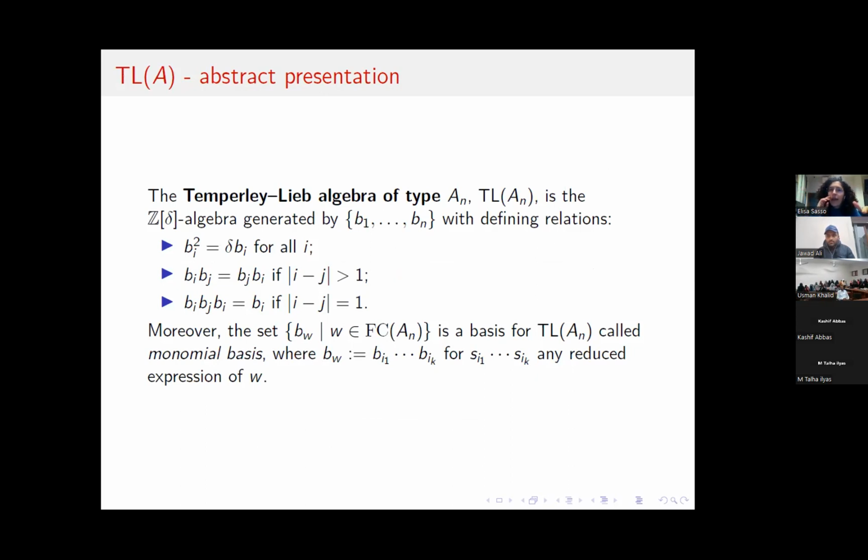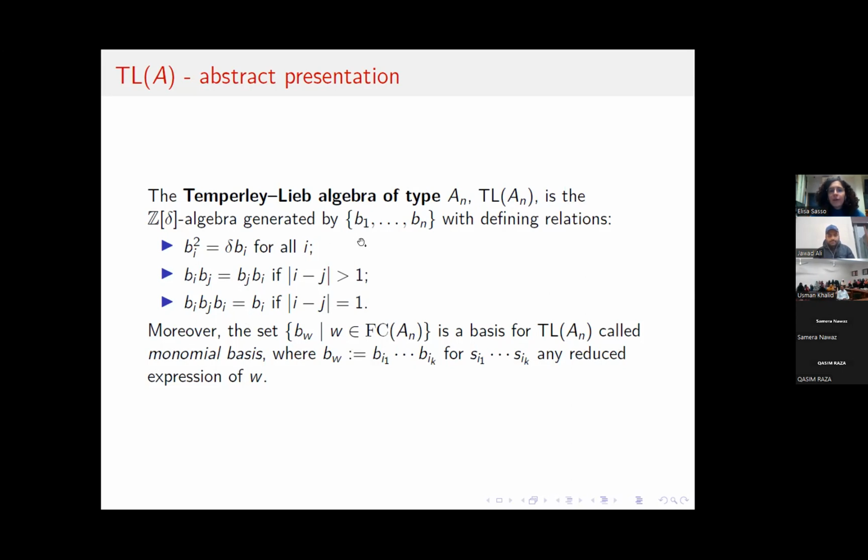And this is the abstract presentation of the temperley-Lieb algebra. So the abstract definition is that this algebra is generated by the set of B1, B2, up to Bn, and this set of generators satisfy these three relations.